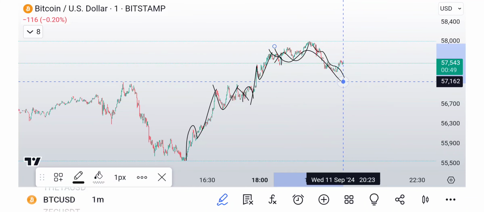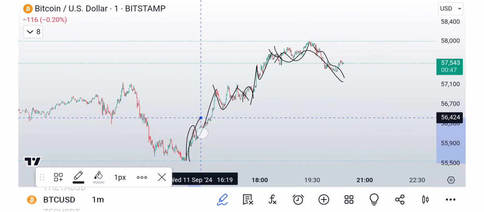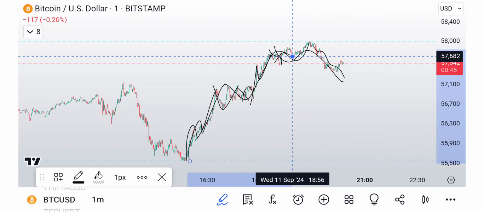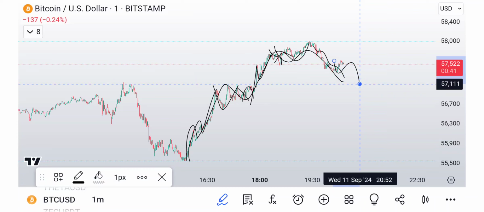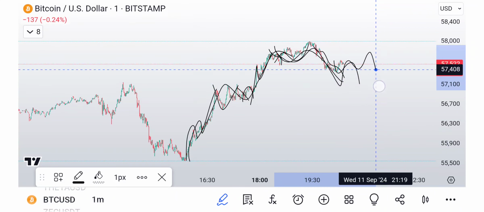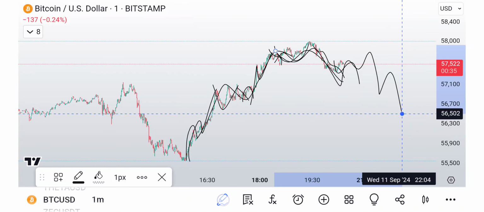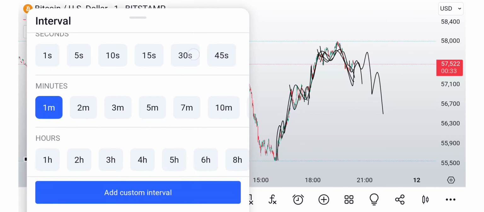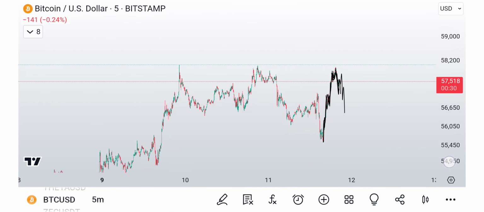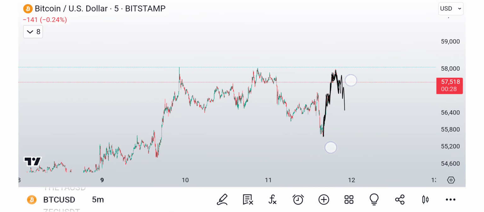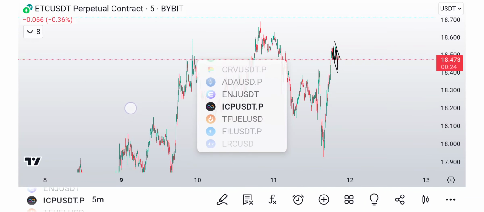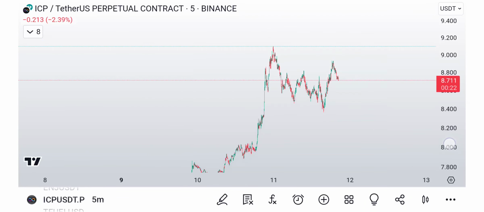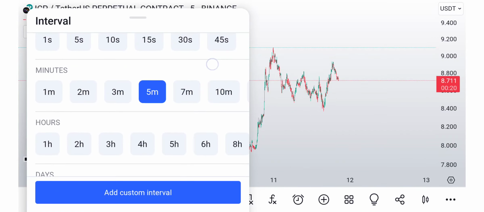So A, B, C, right? So this whole thing could be finished. And now we're starting to come down here. Or 3, 3, and then we get another 3 down, right? But yeah, it could be a truncated fifth. So we just have to keep an eye out for that. I think that's it for Bitcoin. Let's go over to a few other charts here.